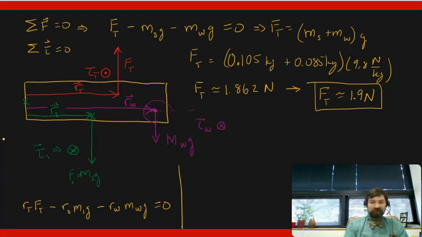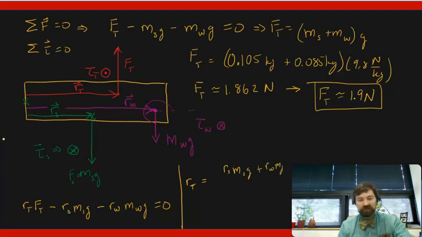And so I can solve this for R tension, basically where am I putting the string, by adding these two terms to both sides. And so I have R stick MS G plus RW MWG, divided by the force of tension that I found over here.